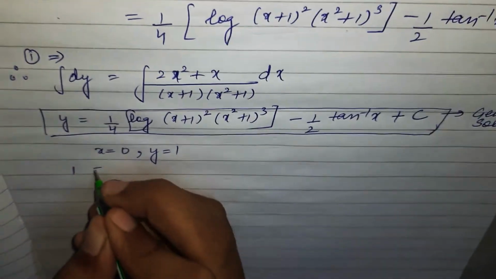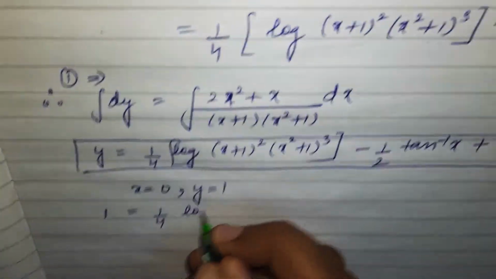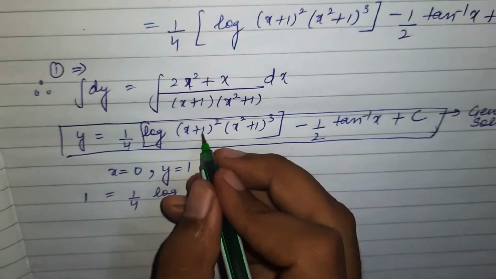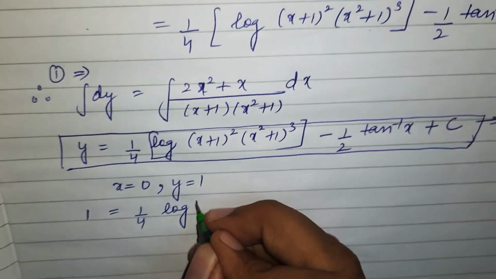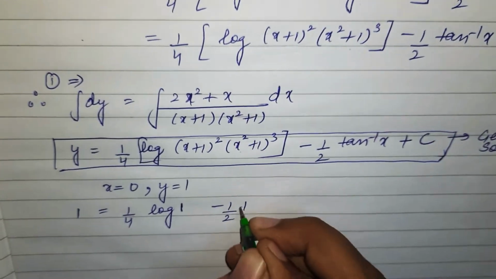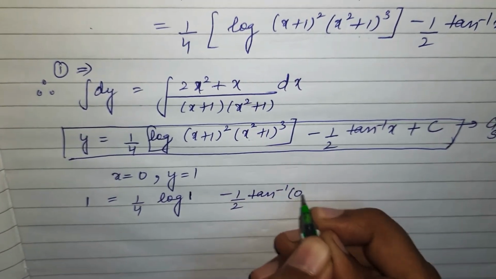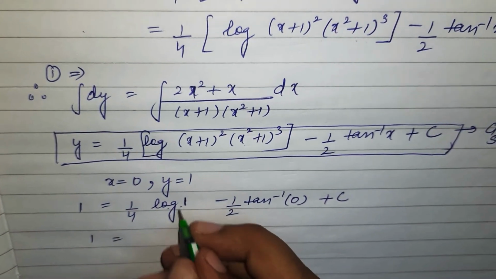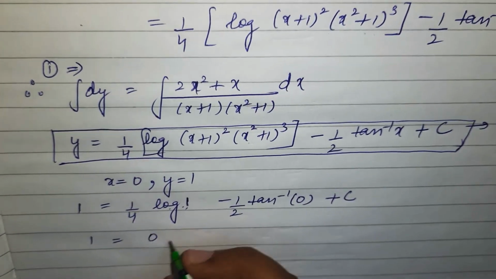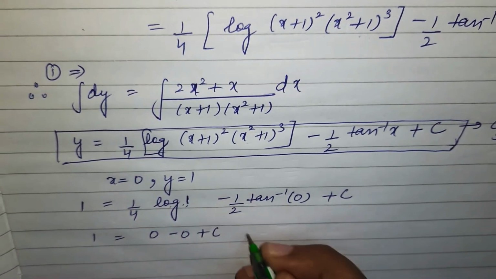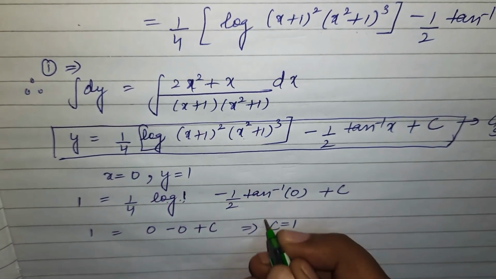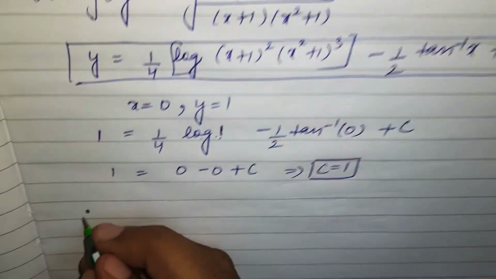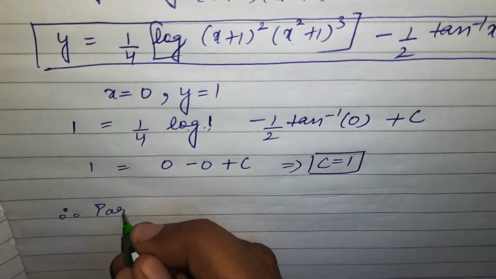So y is 1 by 4 log of 0 plus 1, 0 plus 1. So log 1 minus 1 by 2 tan inverse 0. Tan 0 degree is 0 plus c. So log 1 is always 0. So this is 0, this is 0 plus c. So value of c is 1. So therefore, particular solution.